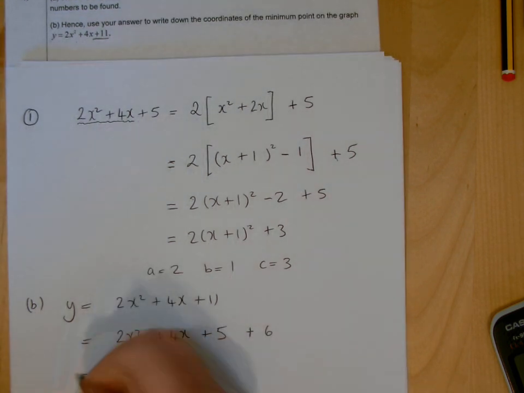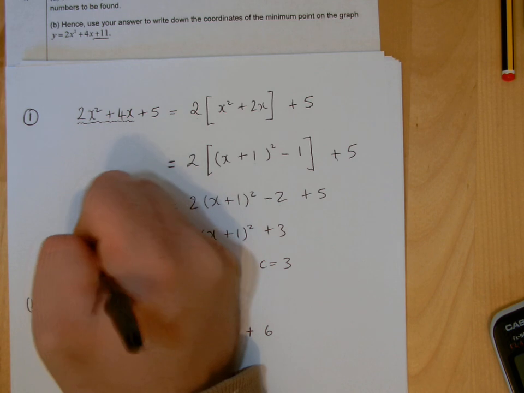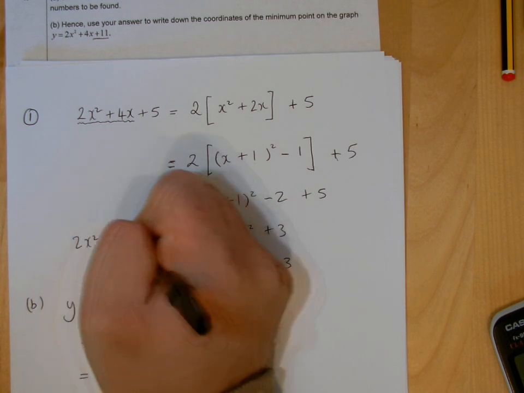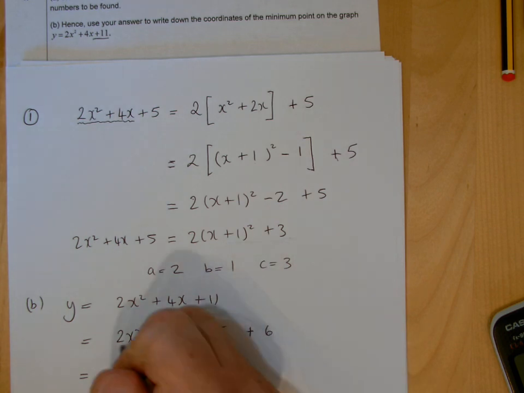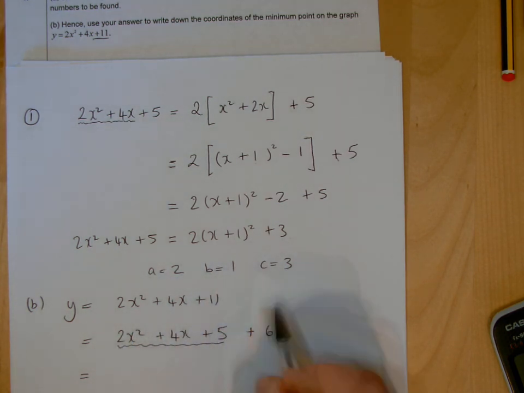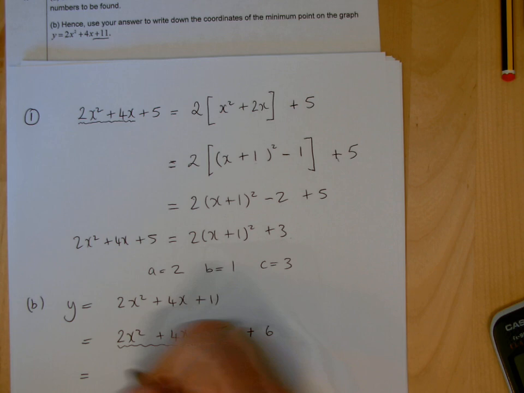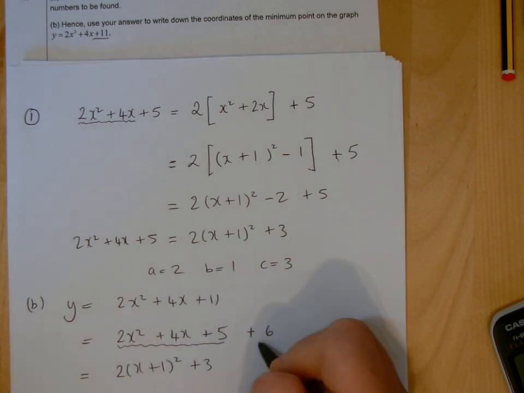But what's good then is I can use my answer from part a, because remember, my 2x squared plus 4x plus 5 is equal to this, when you complete the square. So all of that there, I can replace with the completed square. And then don't forget then, I've got this plus 6 at the end.